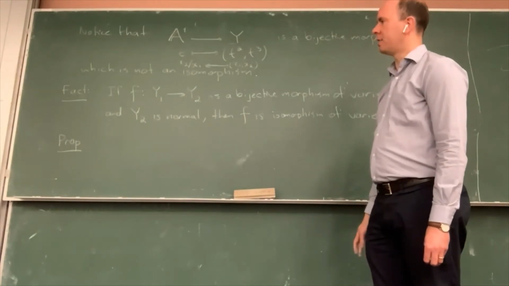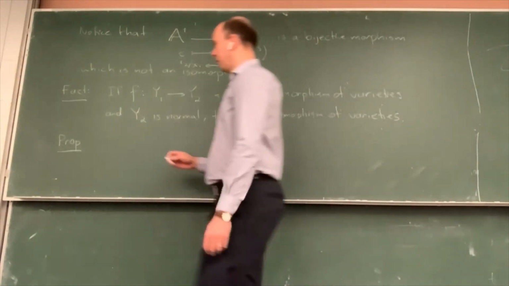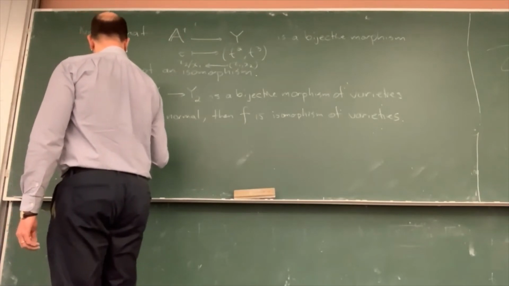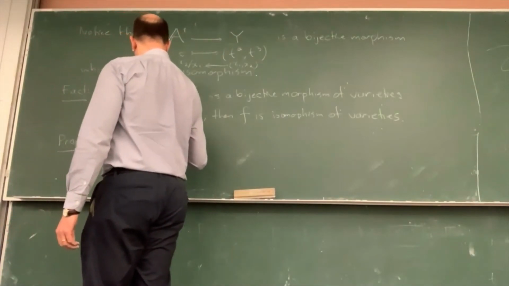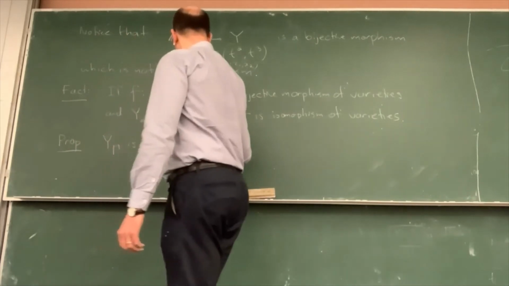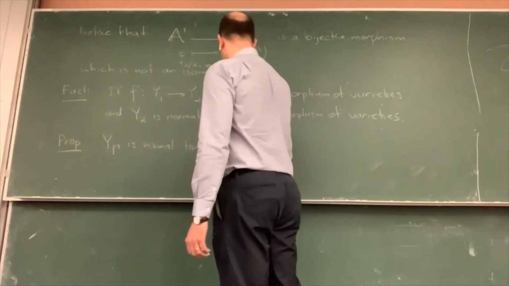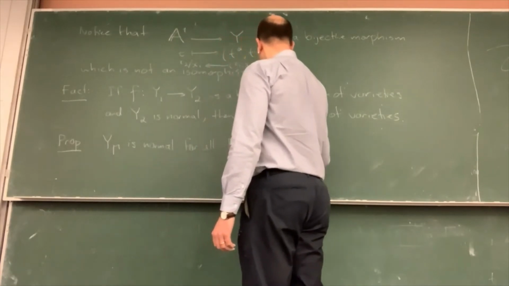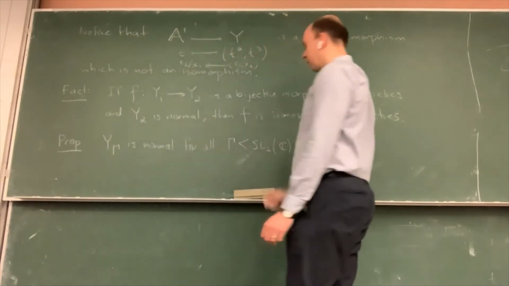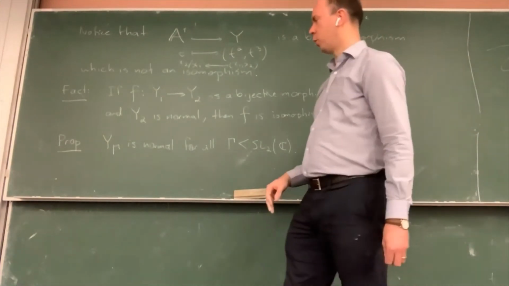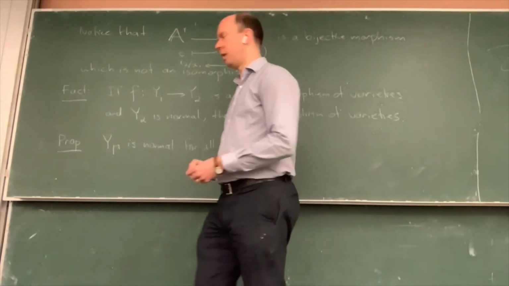And the proposition is that the Kleinian singularities are normal, for all Gamma in SL2(C). In fact, this is true for quotients of any normal variety by a finite group.